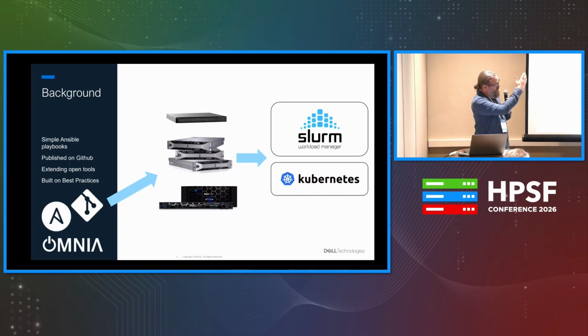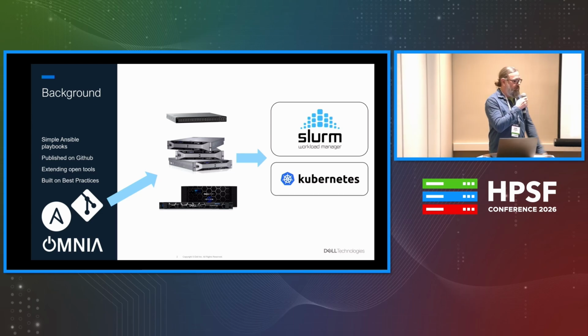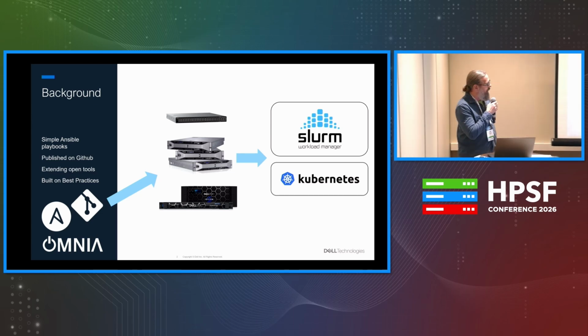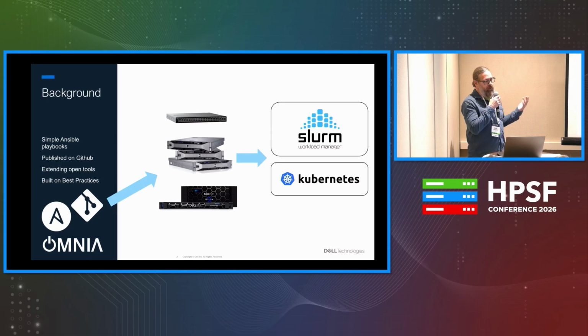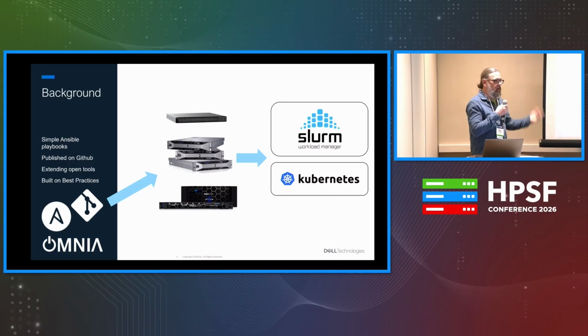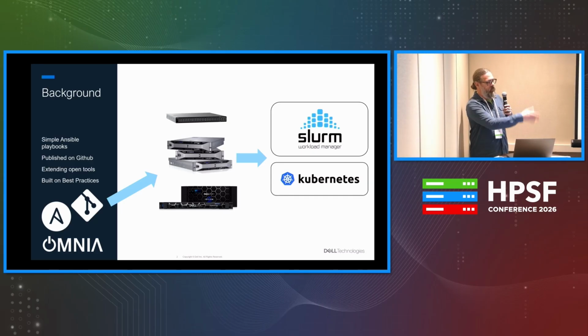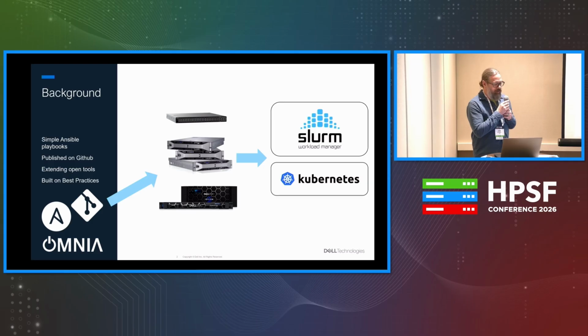We were taking what we called piles of metal, switches, and sometimes a storage device, and creating simple Ansible workflows that would tie these together to build simple clusters that we were comfortable with. A login node and some computes, a standalone Slurm controller, or some variety of Kubernetes environments that were simple to get people started. And it was cool. We were building on best practices, getting stuff out there, and it worked. It accelerated a lot of what we did inside of the lab.